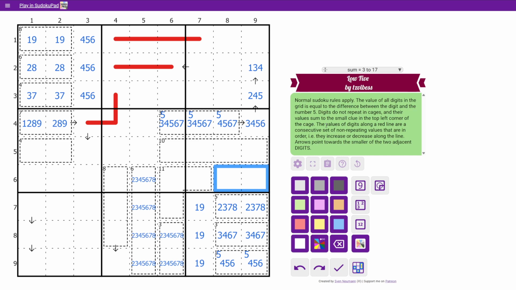That are in order. They increase or decrease along the line. So in like a Rin band, I guess, they have to, because in the Rin band they're consecutive numbers, but they can appear in any order. This red line, it's saying that if this is a low one, say a 1, then it has to go 2, 3, 4. The values though, not the digits.